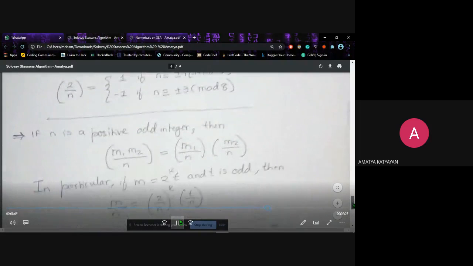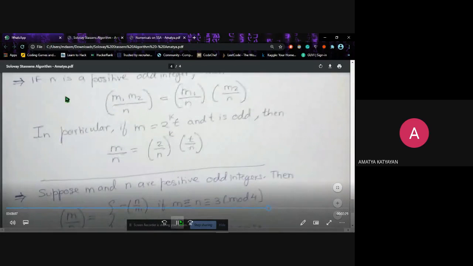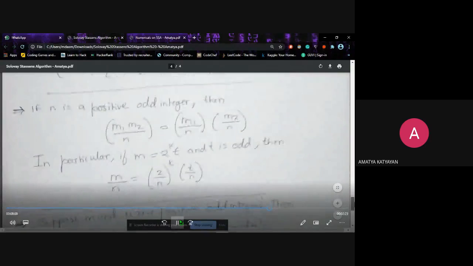Another property is, if n is a positive odd integer, then m1 m2 upon n will give you m1 by n into m2 by n. It does not mean that you're multiplying n into n to get n square. So this is one property of Legendre symbols, that m1 m2 upon n can be split into m1 by n into m2 by n.